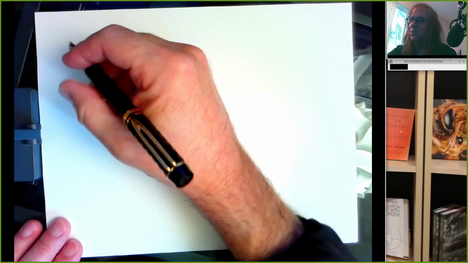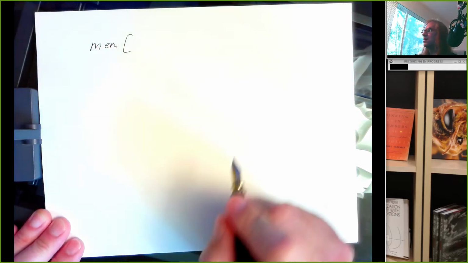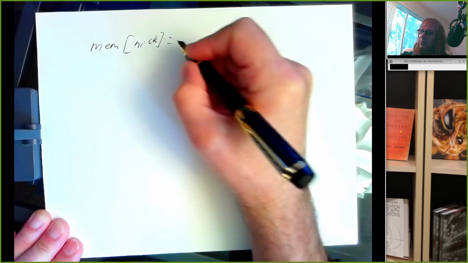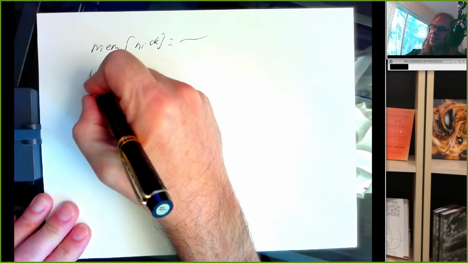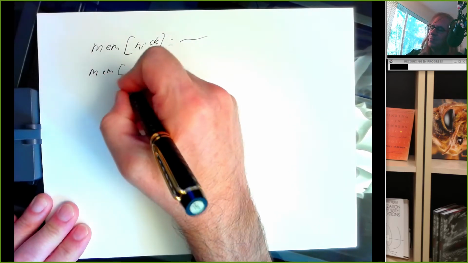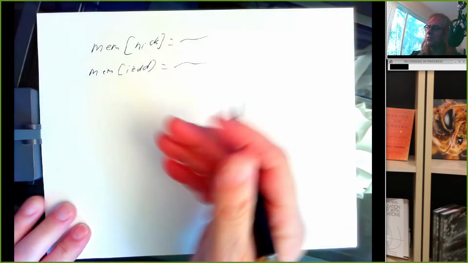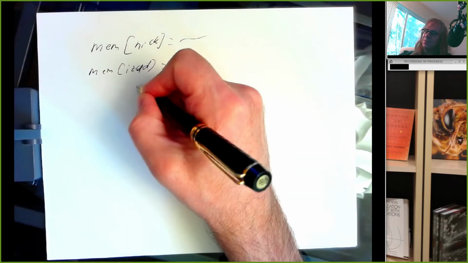So if I have an associative array, let's just call it mem, I can say mem bracket Nick equals, and I could store something associated with Nick. And I could store mem bracket Izad, and I could store something associated with Izad. And so these are all perfectly legitimate indices.